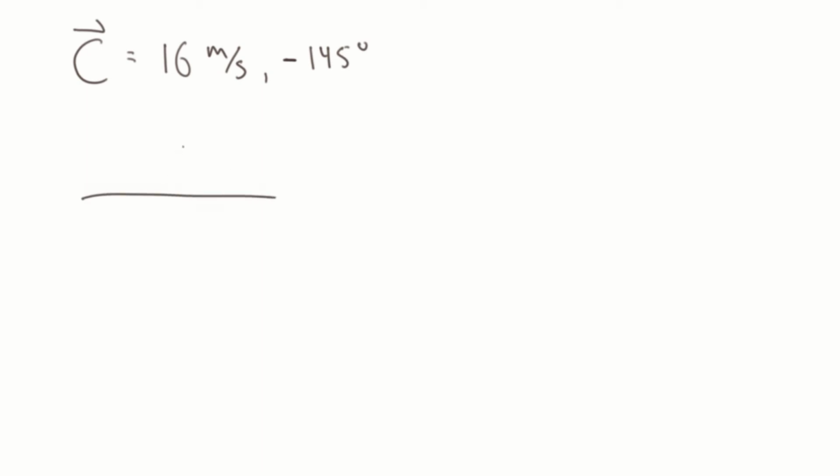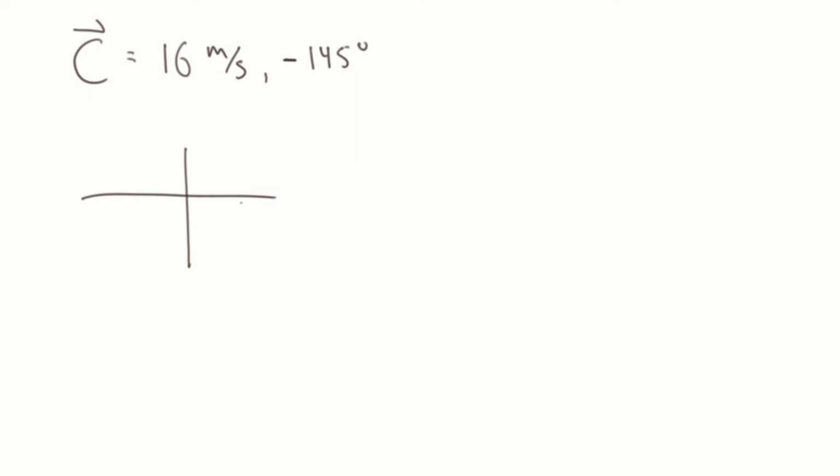So when I take a look to see what vector C is, negative 145, we're going to take 180 as our reference point. And when we compare it to 145, we're going to see that C is about 35 degrees.